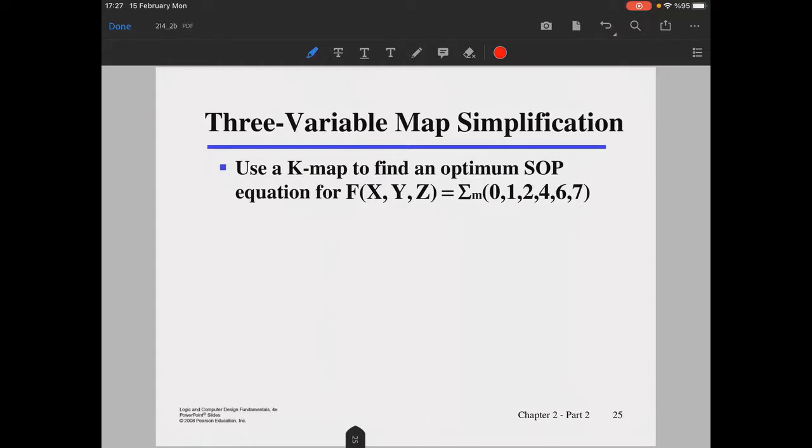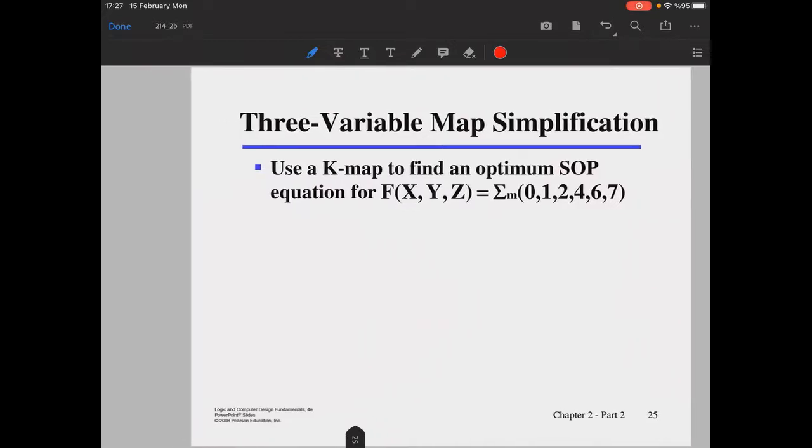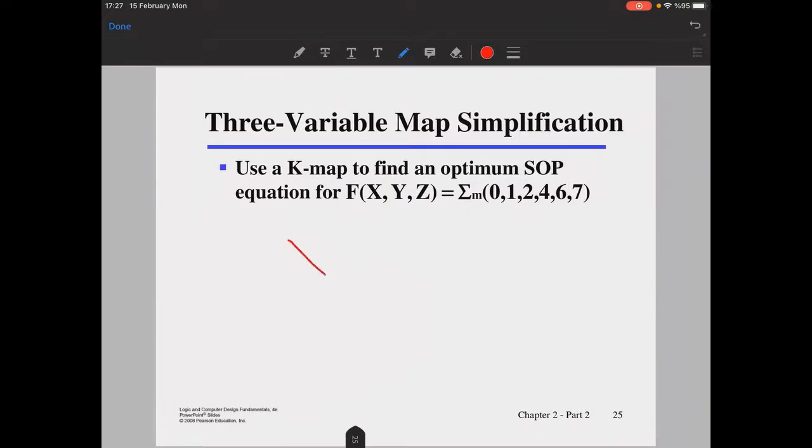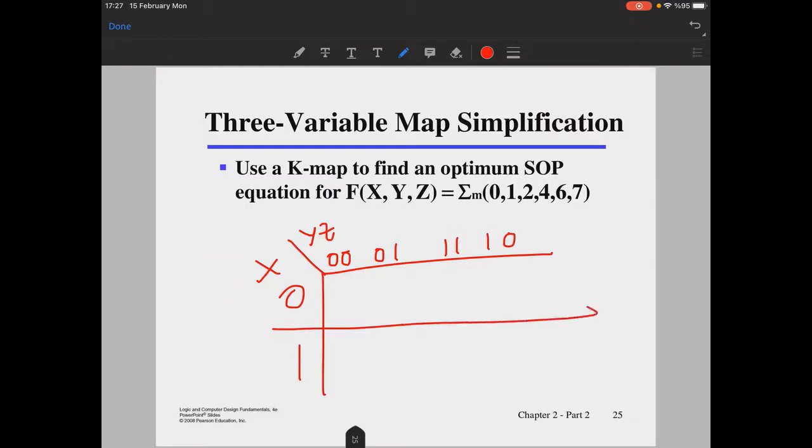Now let's try to solve this together. So we first put them in their correct locations. I hope I don't make any mistakes. So we have x, y, and z here: 0, 1, 0, 0, 0, 1, 1, 1, 1, 0. And I need to put each of them in their locations.